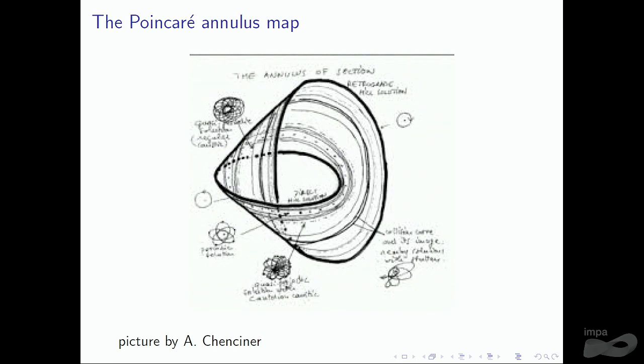This is the direct orbit that we see moving in the counterclockwise direction, and the retrograde orbit is moving in the clockwise direction. That's the reason for the names. And here we see these other orbits which look periodic, and the projection on the q plane in the original coordinates, they look like this. These figures here. Okay. So this is what really happens in the three-body problem when you are close to the rotating Kepler problem.